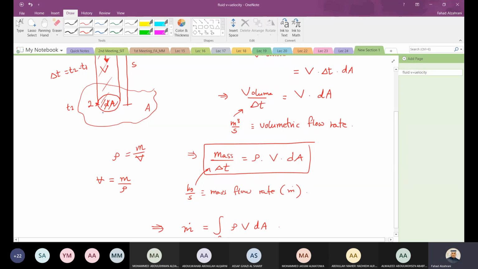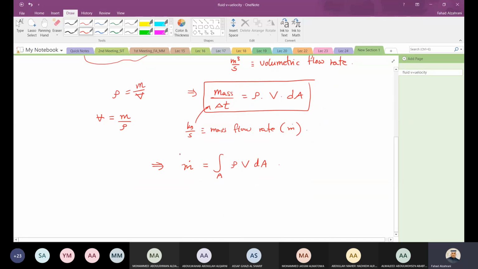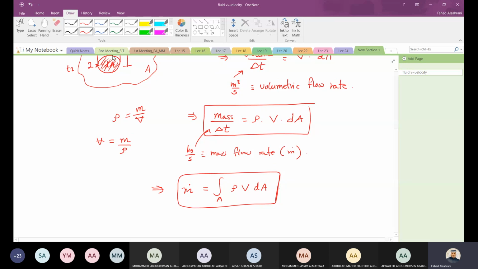So this mass flow rate gives me the mass flow rate across only this small area. If I want to find the mass flow rate across the whole area, I simply integrate over all of the area, which gives the final equation for the mass flow rate as a function of density, velocity, and area. So this equation applies if, let's say, the density and velocity vary at different locations in the area.